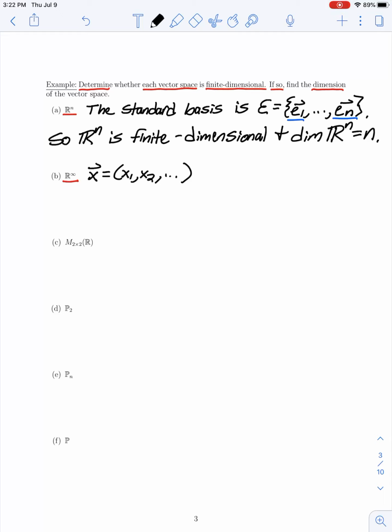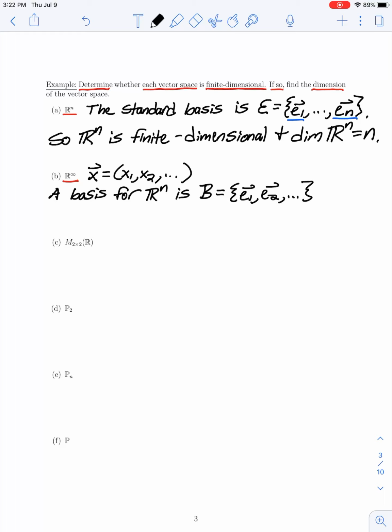Here the standard basis would be a basis, let's call it B, consisting of vectors of the form E1, E2, and so on.